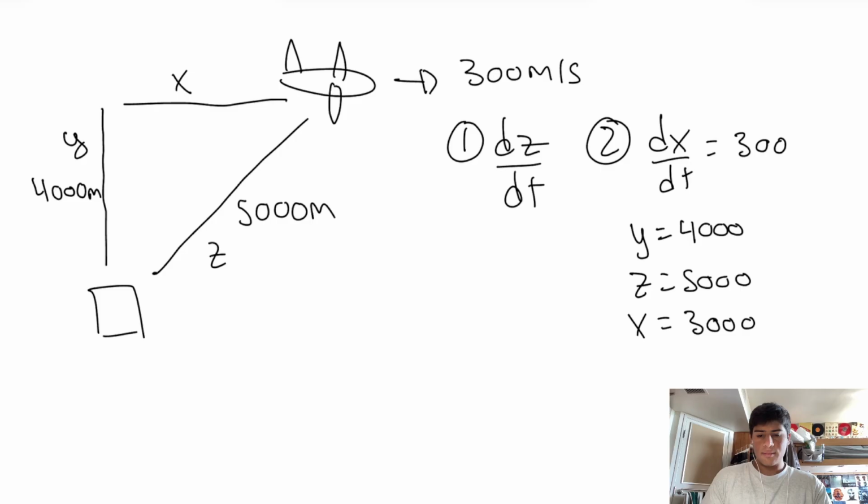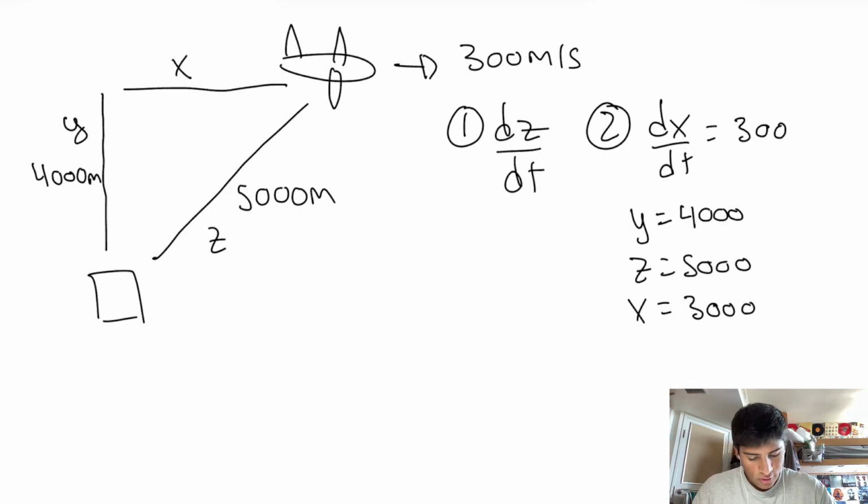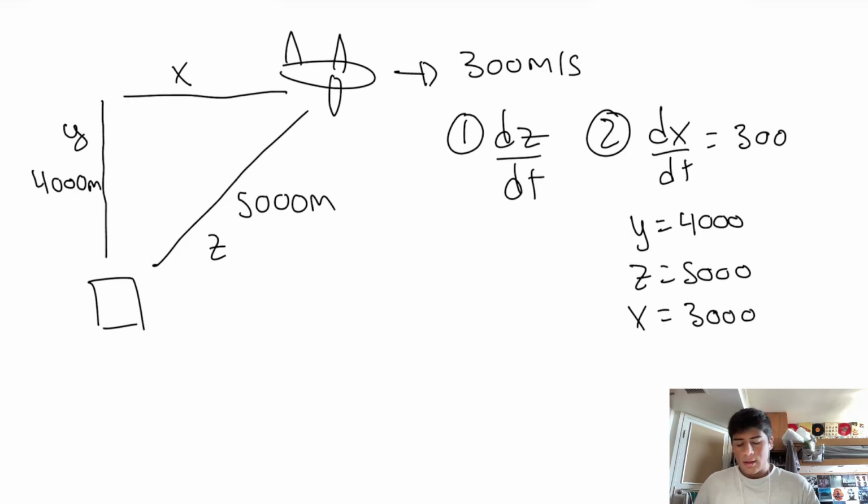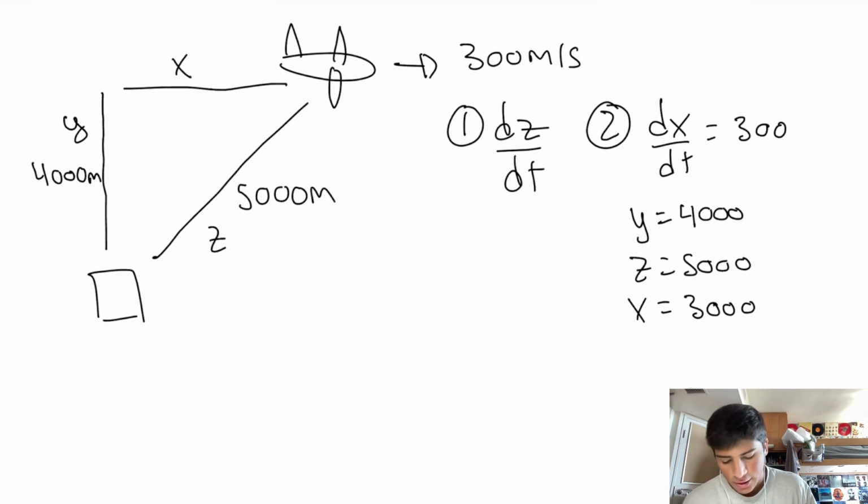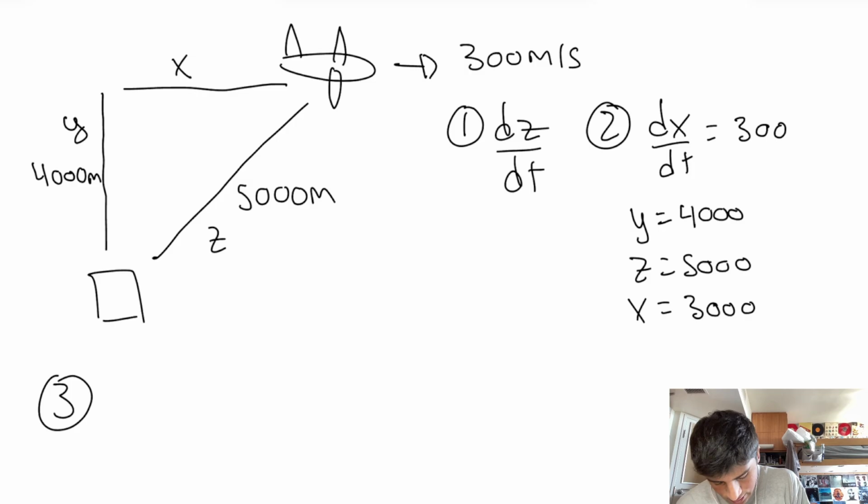4,000 squared plus 3,000 squared, and you take the square root of that, and you get 5,000. So x is 3,000. Once again, we have a right triangle. We can say that z squared equals y squared plus x squared.